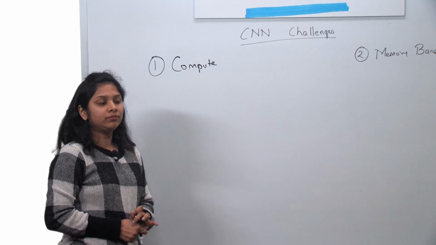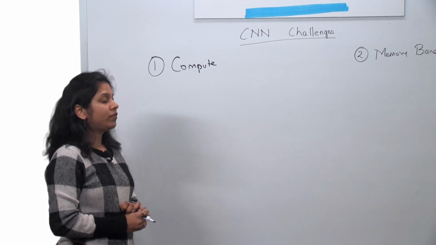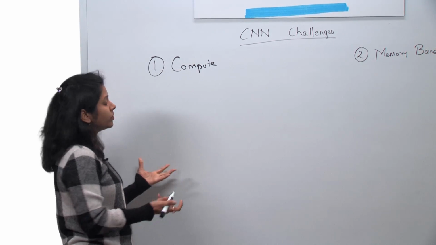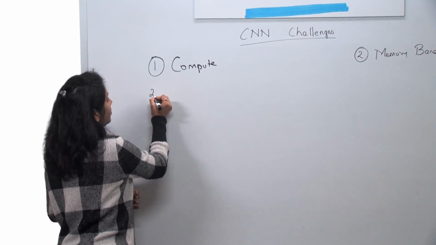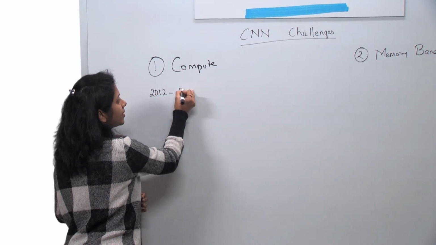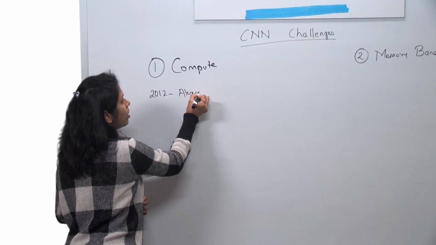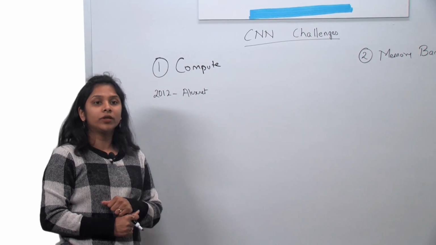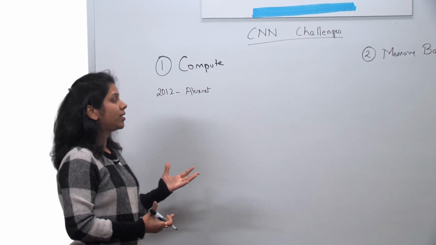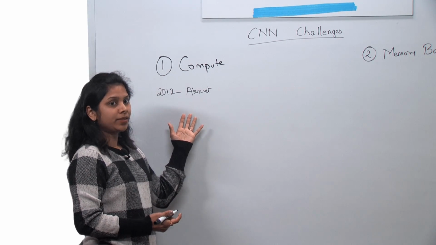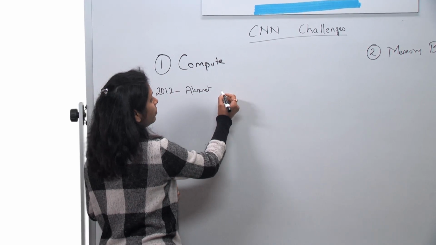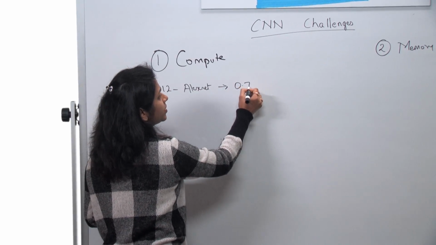As the trends are evolving, I will quote some numbers here. In 2012, when AlexNet came, which is one of the most common CNN algorithms talked about these days, the max requirement for that is somewhere around 0.7 gigamac.